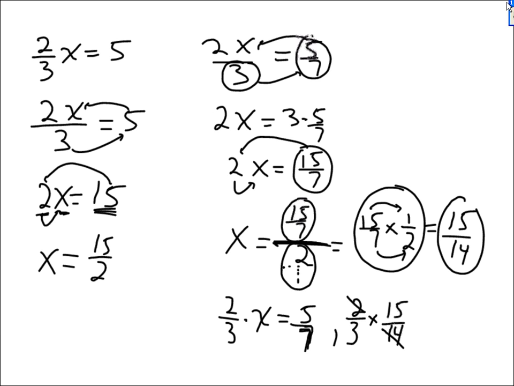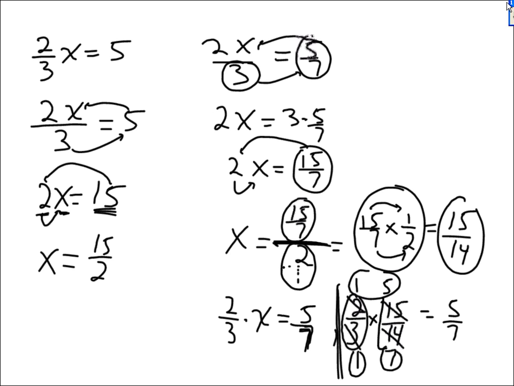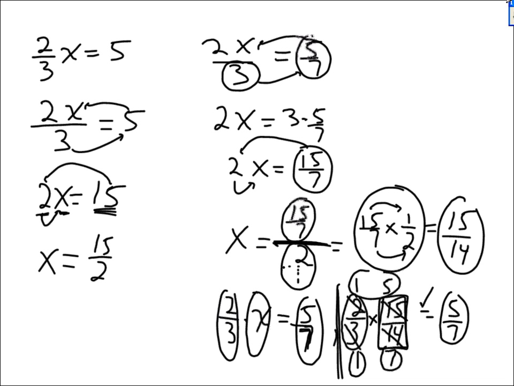Well, 2 goes into both of these numbers, one from the top, one from the bottom. 3 goes into both of these numbers, one from the bottom, one from the top. 1 times 5 is 5. 1 times 7 is 7. And what do you know? 2/3 times this very special number did give me 5 over 7.